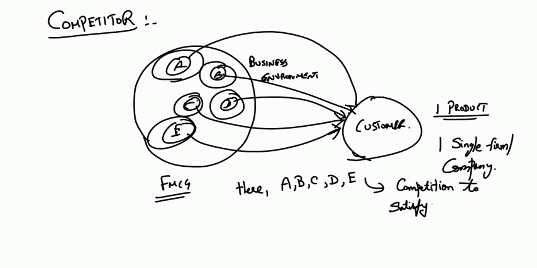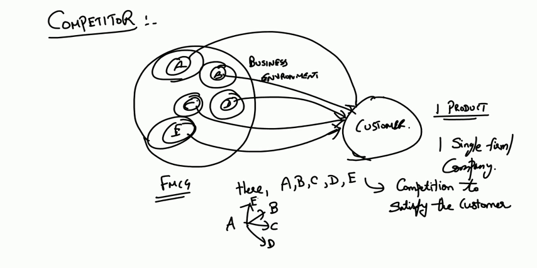So why this competition arises? Because again, for the reason of sustainability. This is called competition, and A is a competitor for B, for C, for D, and also for E.